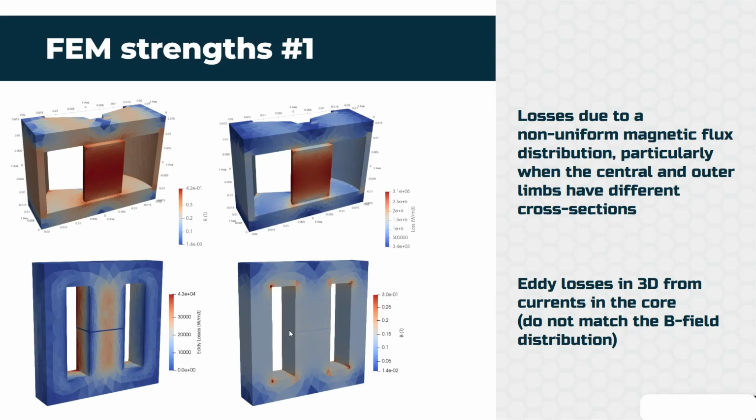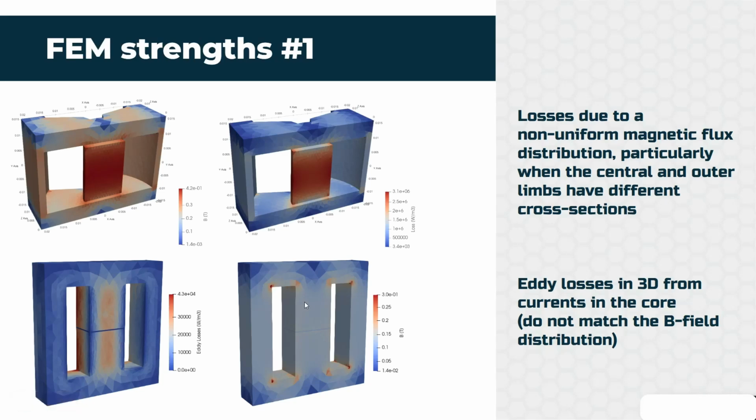So, for example, here is the magnetic flux, and you can see that it is concentrating at the edges, while the eddy currents generated in the core do not have maximums at the corners. They have maximums here in the center, where the winding is.